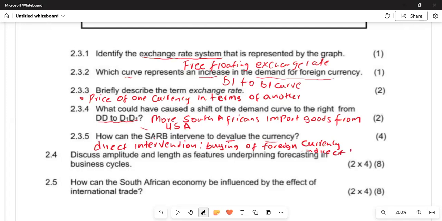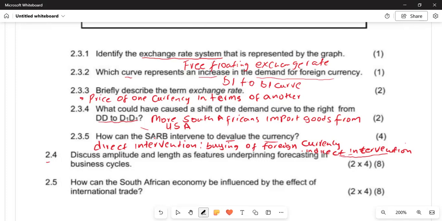With indirect intervention, you're talking about adjusting interest rates. Example, lowering interest rates reduces foreign investment inflows and weakens the rand. So that is that. Now let us move on to 2.4.